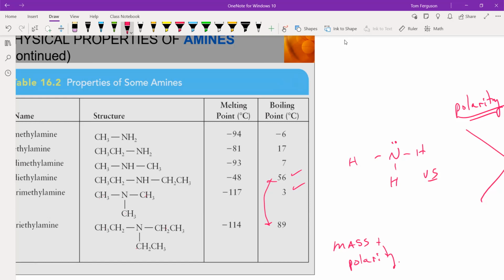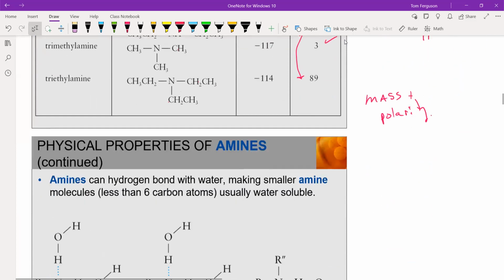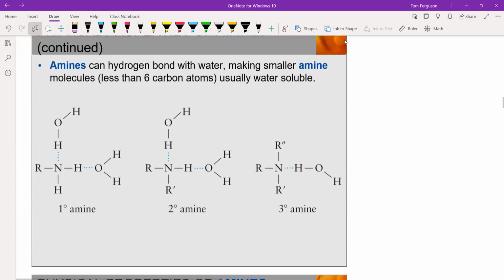So the difference between these two is mass. And again, the reason why we're getting that hydrogen bonding is because of the partial positive and partial negative charges on that nitrogen and oxygen molecules.